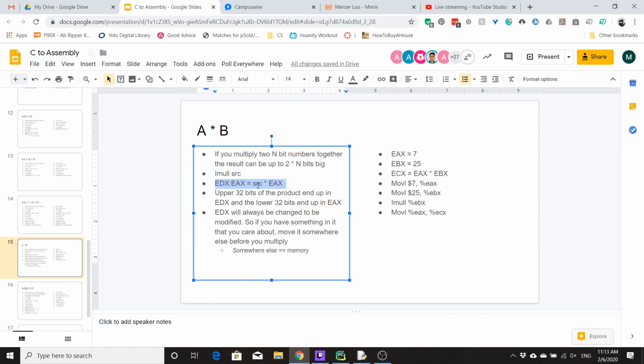So it only uses EAX. It also changes EDX too. We are going to put the upper 32 bits there, but if our number only fits into 32 bits, you only need the lower half, which is EAX. EDX will change too, so if we had something that we cared about in EDX, we'd have to move it somewhere else before we did the multiplication.